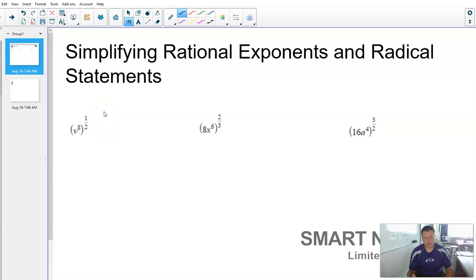Really, today's exercise is an exercise of the last couple ideas that we've done. So the first thing we want to do with these is to change to radical form, and then we're just going to do our number prison, the breakout with that, okay? And so for this first statement here, this is going to be the square root of v to the 8th, and then you have the first power, which I don't need to really write there.